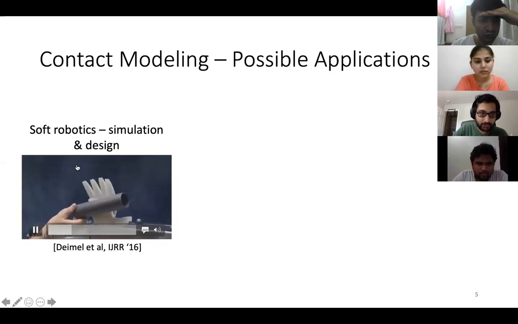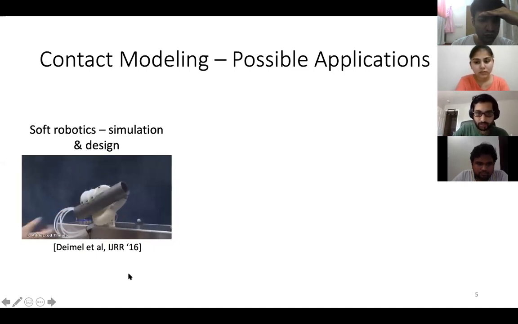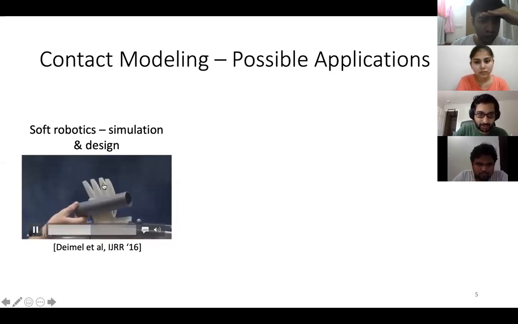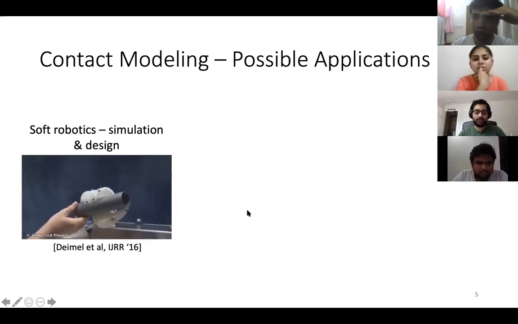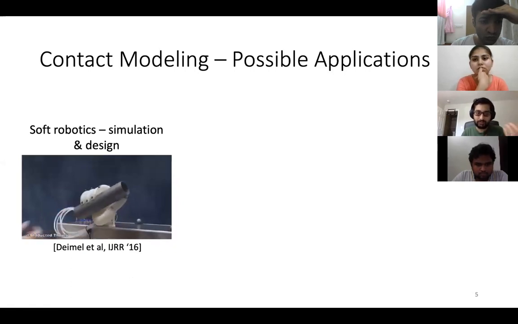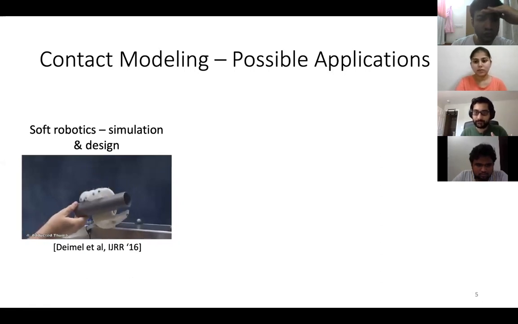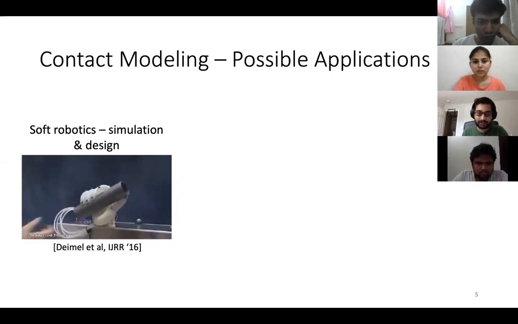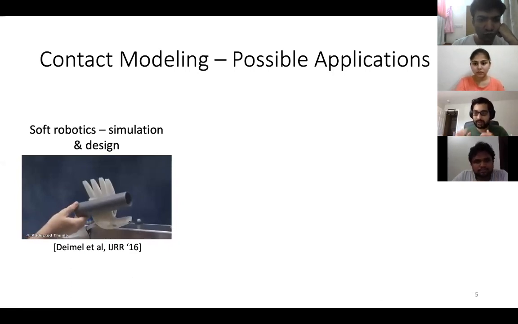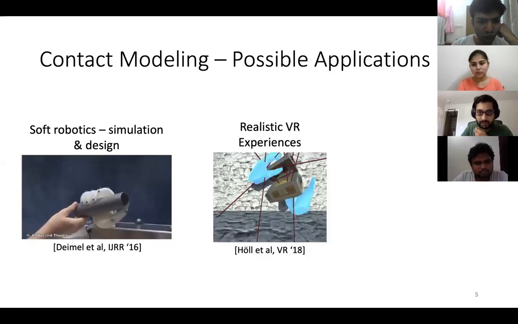For example, we could design better robotic hands. Here I'm showing an example of a soft robotic hand. Now, when you are designing this, you probably want that robotic hand to be able to achieve the same kinds of contact that the human achieves, because we've designed all the objects and surfaces around the world to fit with our hands. So that's one potential application.